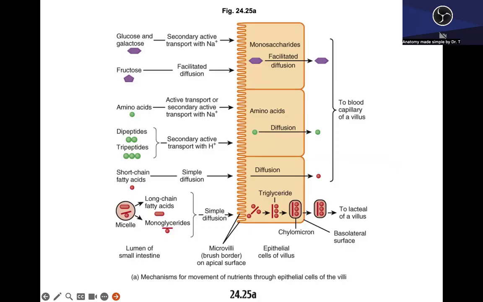As you can see, glucose and galactose are going to have secondary active transport together with sodium ions to get into cells of the small intestine, while the fructose, due to its slightly different shape of a molecule, will require facilitated diffusion in order to penetrate through brush border and move further from cells that absorb it into bloodstream.